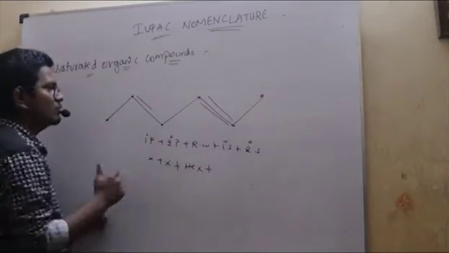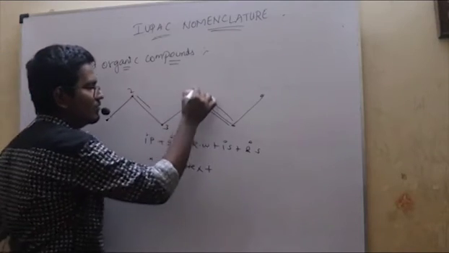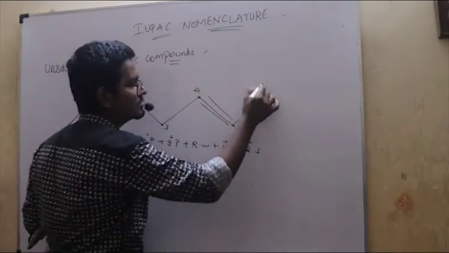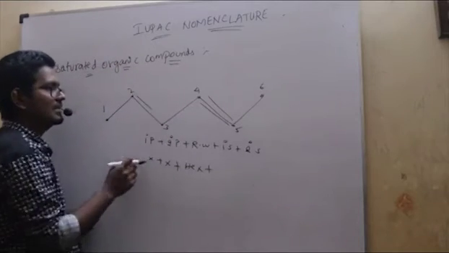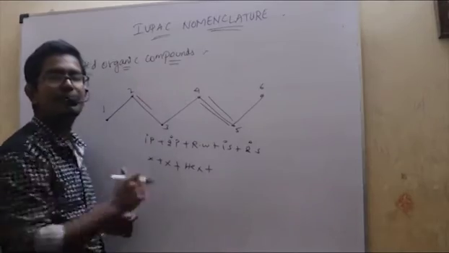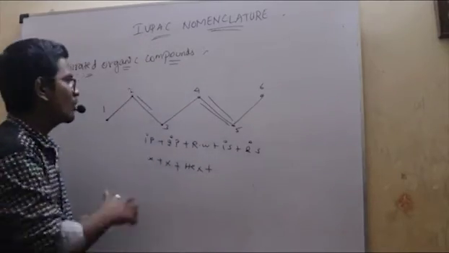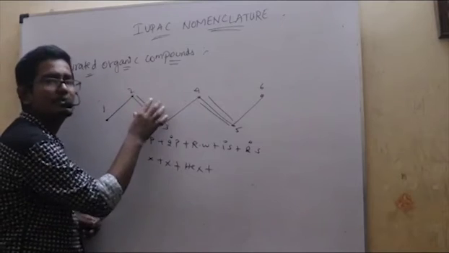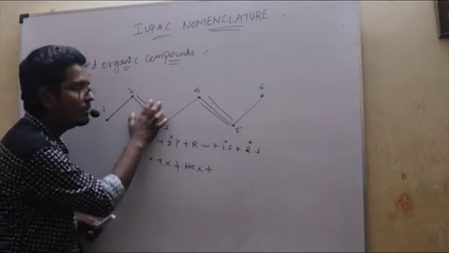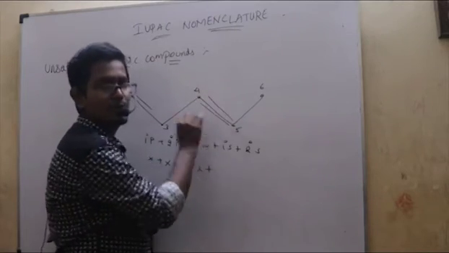If I am giving the numbering 1, 2, 3, 4, 5, 6, you can see at the second carbon I am observing my double bond. At the fourth carbon I am observing my triple bond.